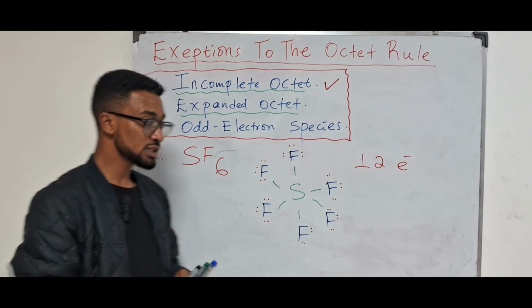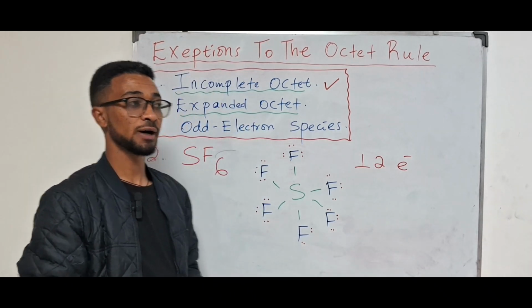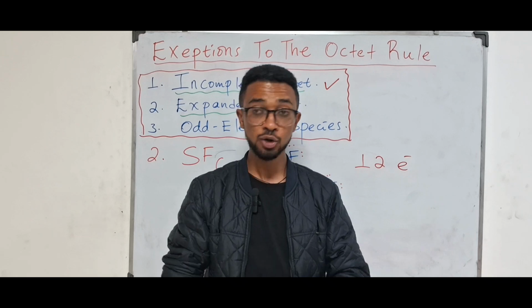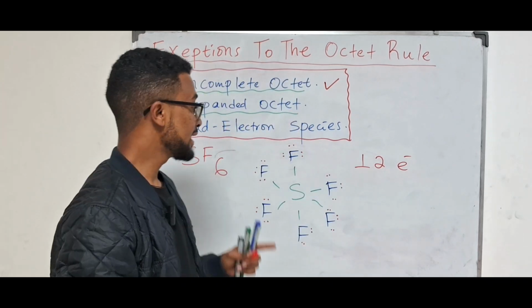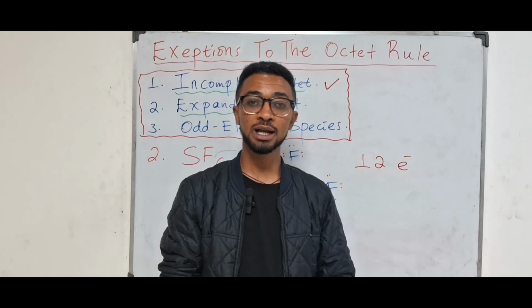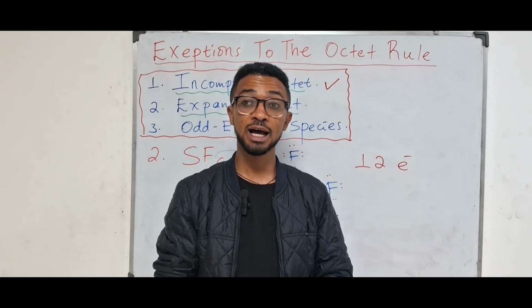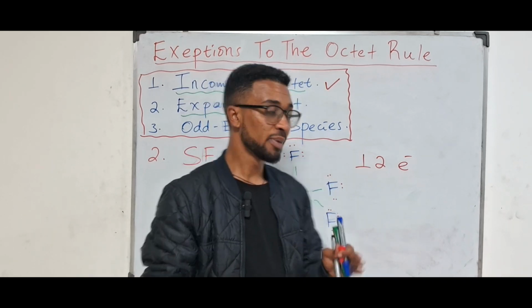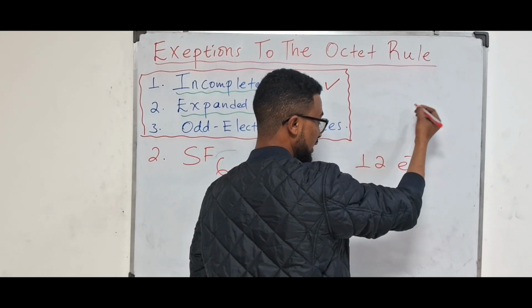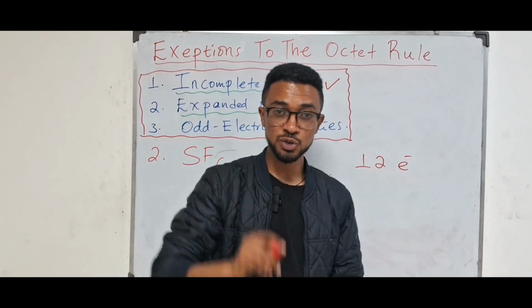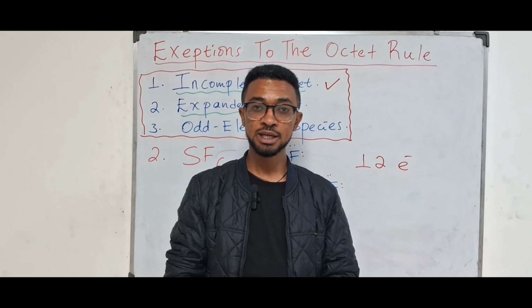So what do you think is the reason behind this? Elements in period 3 and beyond, including sulfur, can use their d orbitals in bonding. This is why they can have an expanded octet. Elements in period 2 only have 2 shells, and in the first 2 shells they don't have any d orbitals.